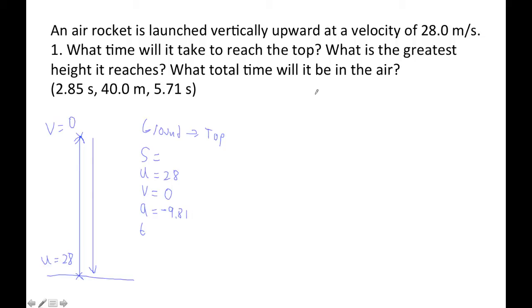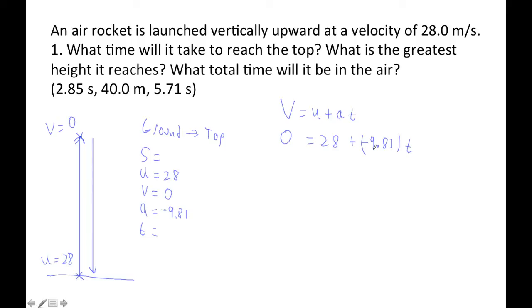So to figure out the time to reach the top, I would choose a formula that has no s in it. So that would be v equals u plus at. The final velocity is 0 at the top, so 0 equals 28 plus negative 9.81 times t.